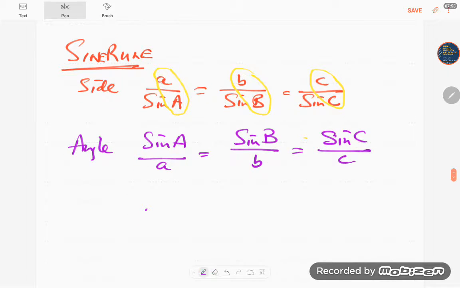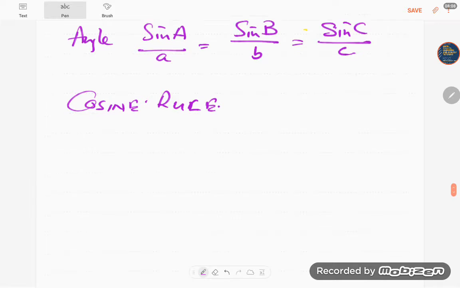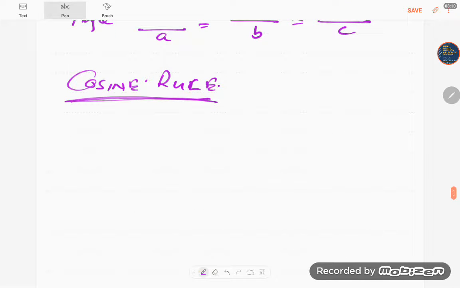Okay, and then for the cosine rule, to remember the cosine rule, we all know the Pythagoras formula very well, so we actually begin with that. So we know that we're supposed to have three sides in a triangle.